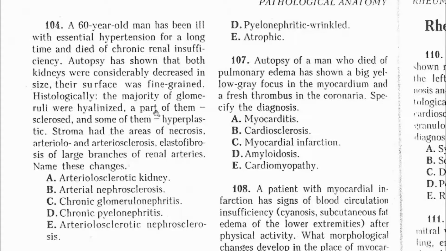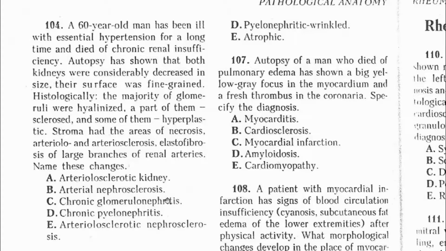Histologically, the majority of glomeruli was hyalinized, a part of them sclerosized, and some of them hyperplastic. Stroma had the areas of necrosis, arterial, and arteriosclerosis. Name the changes.